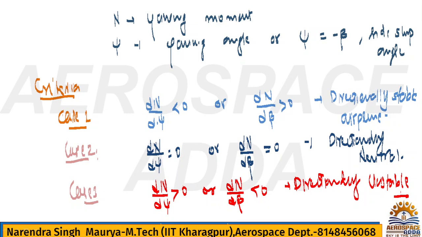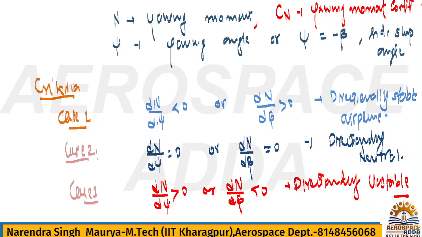This also, as I told you, N is the yawing moment, but what is CN? It's the yawing moment coefficient. Just like Cm was the pitching moment coefficient, M was the pitching moment.